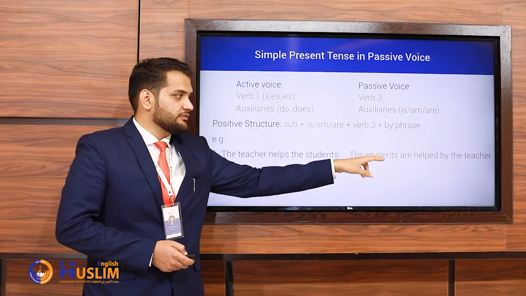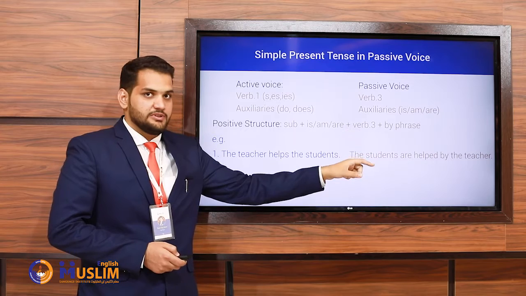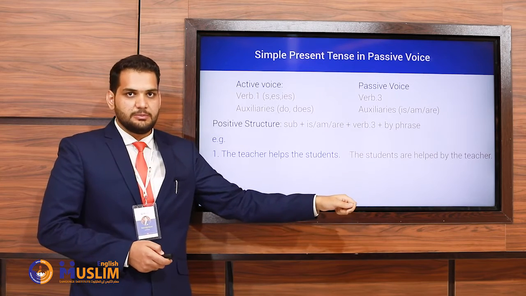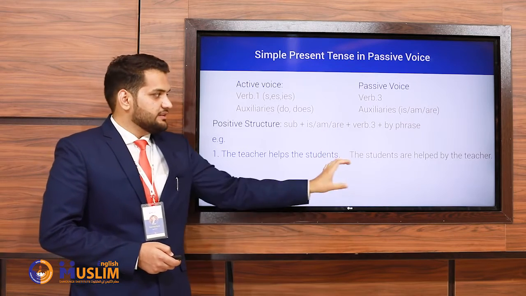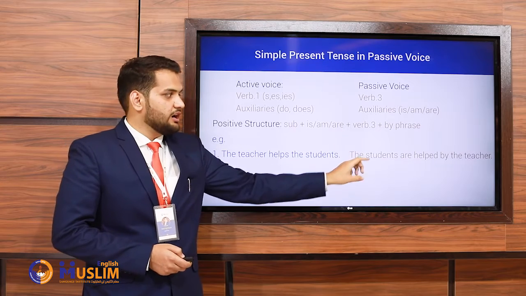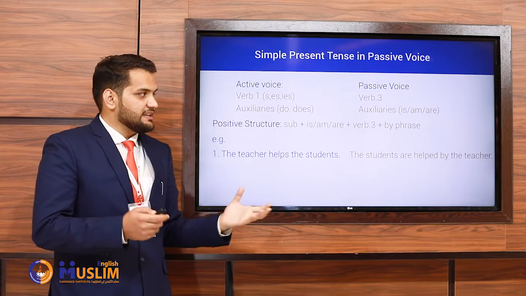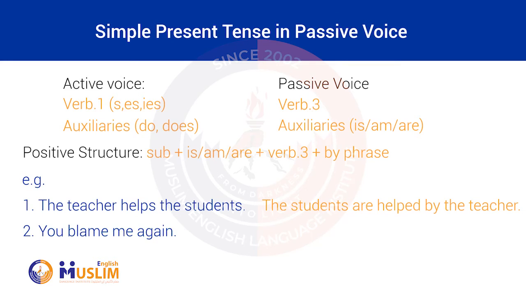You have to use a helping verb according to the new subject. The students are helped. Do not say help. In passive voice, we always use the third form of the verb. The students are helped by the teacher. The students is the new subject, are is the helping verb, helped is verb 3, and by the teacher is the by phrase.